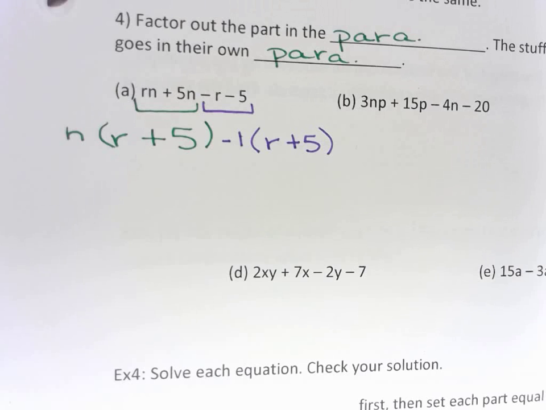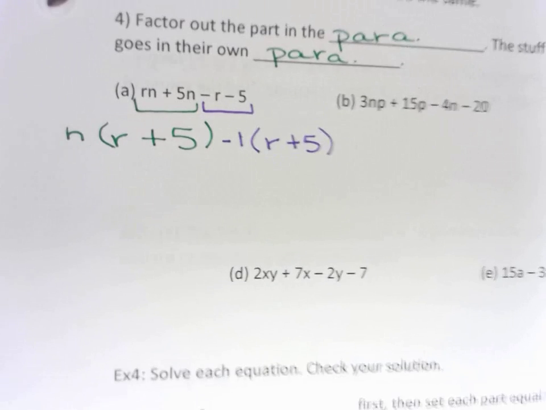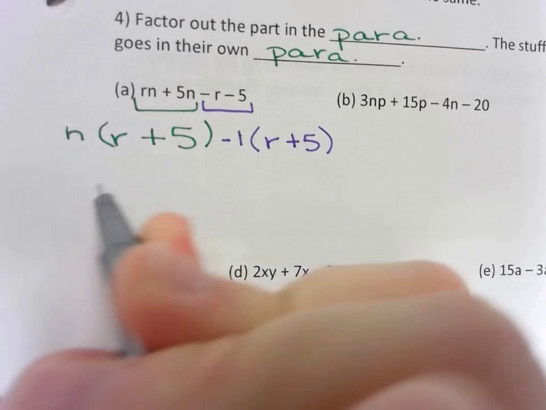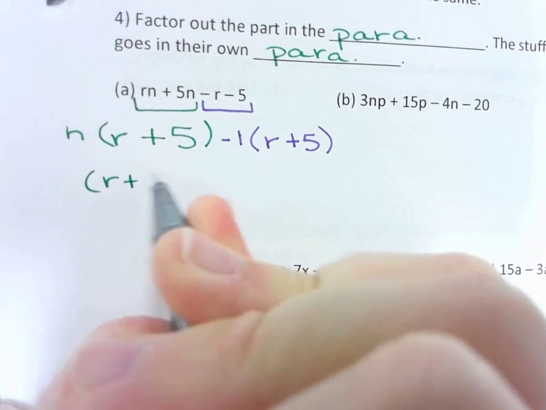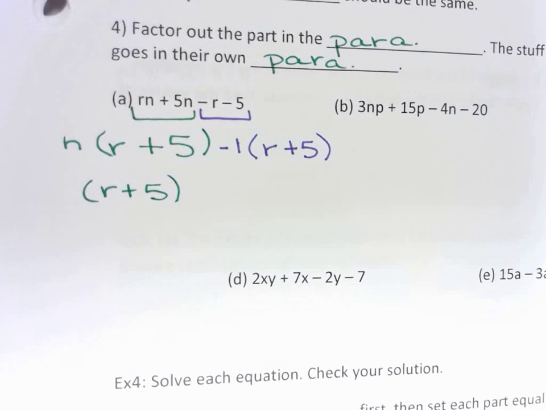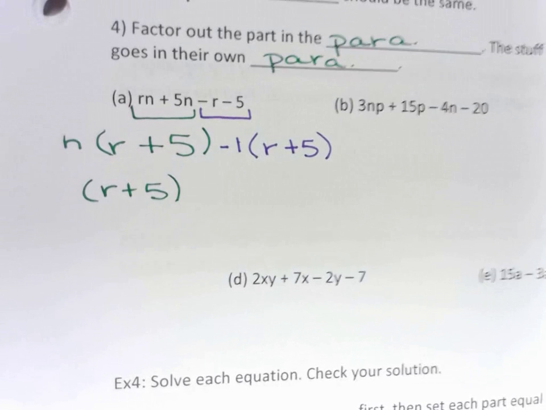So the last step, if your parenthesis is the same, what you need to do, this is step number 4. You're going to take out your parenthesis part. So r plus 5, basically you're factoring it out, which is kind of confusing to think about. All you need to think about is I'm taking out an r plus 5. So r plus 5 is one parenthesis.